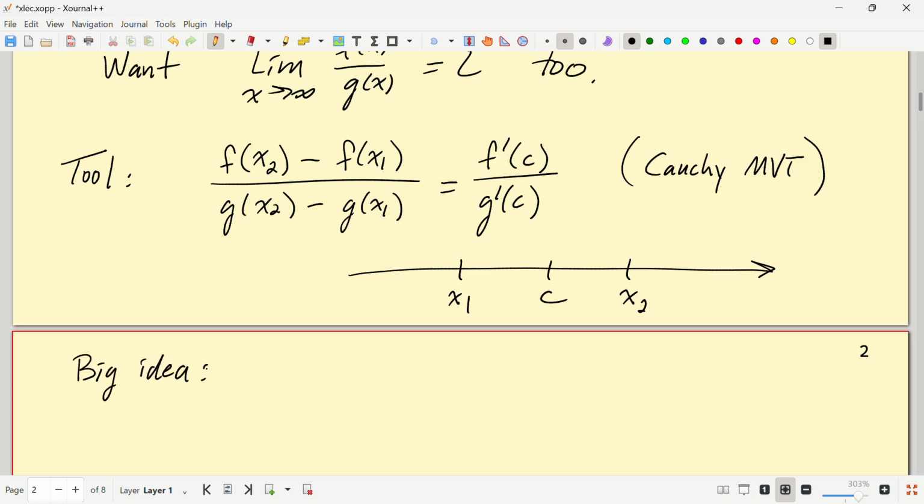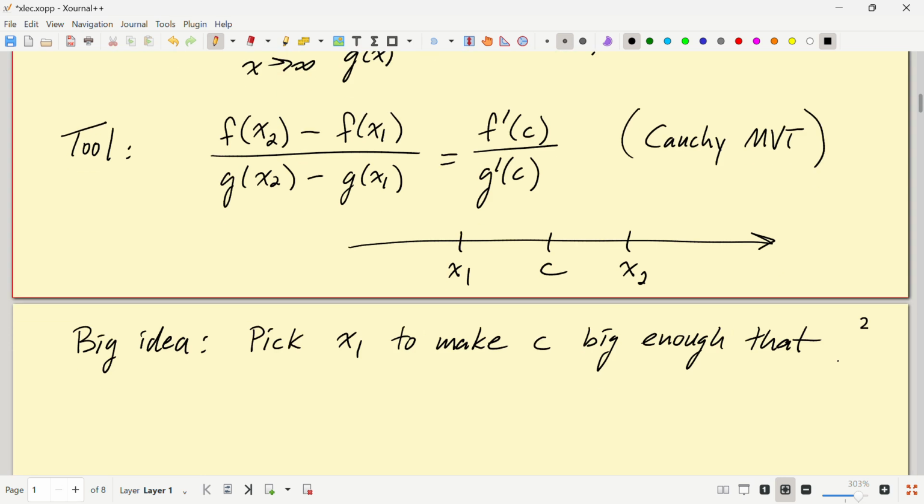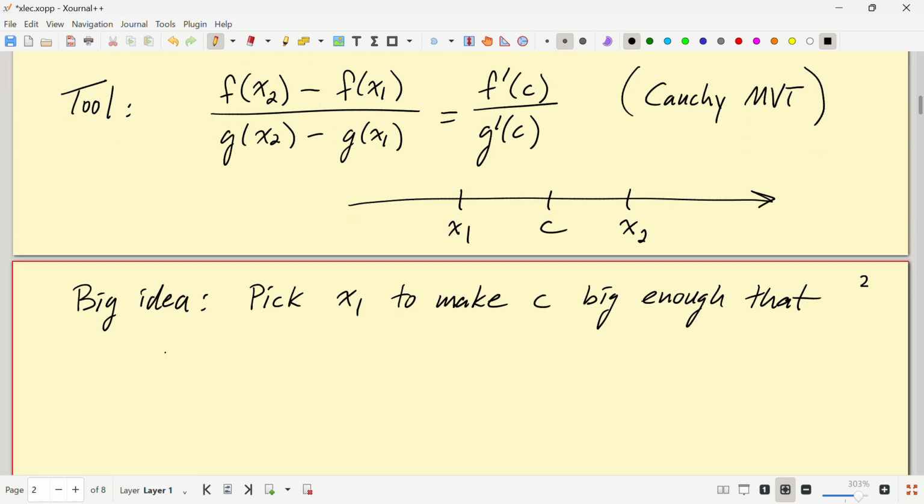The big idea: pick a big x1 to make c big enough that f prime of c over g prime of c is close to L. As close as we want.